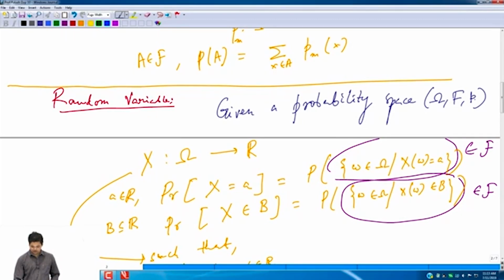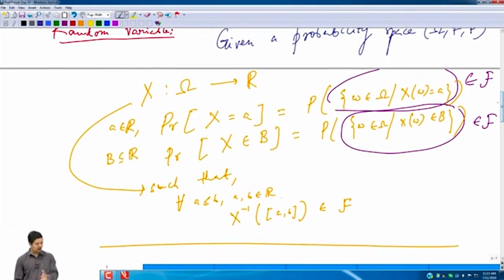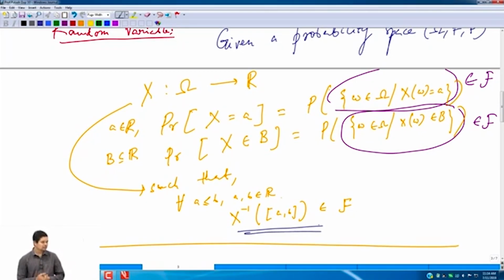And what is it? It's a function from omega to R, so that the inverse image of every interval is an event, so that we can talk about the probability of X being within some interval, and it turns out that is enough.